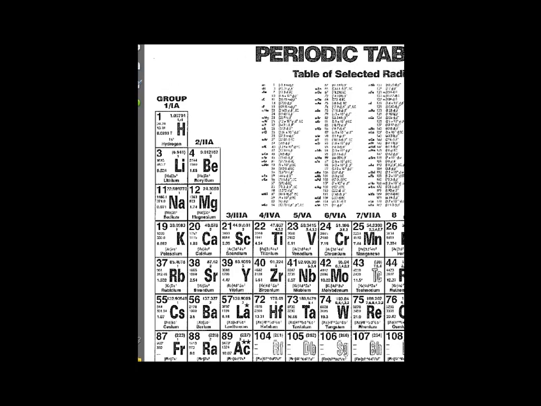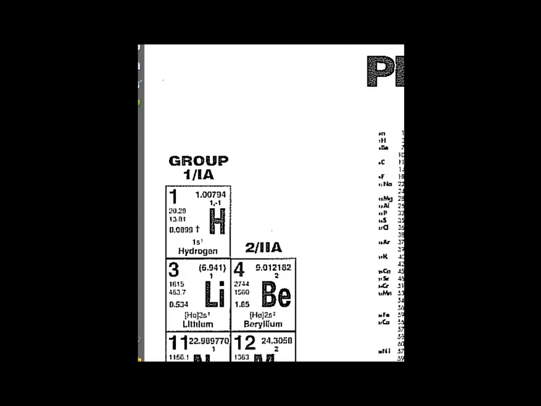So, if I zoom in on lithium, it has Li and then the name of the element. So if you forget what the symbol is for a particular element, you can always look on your periodic table.